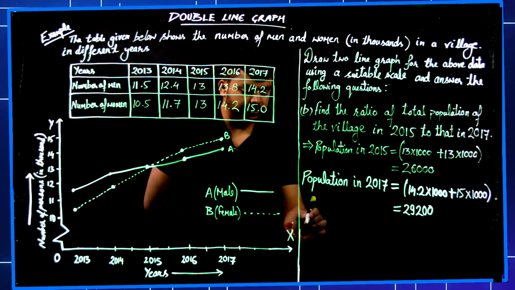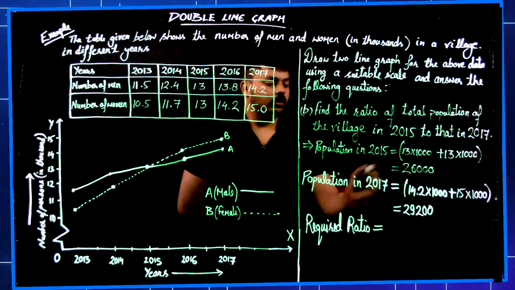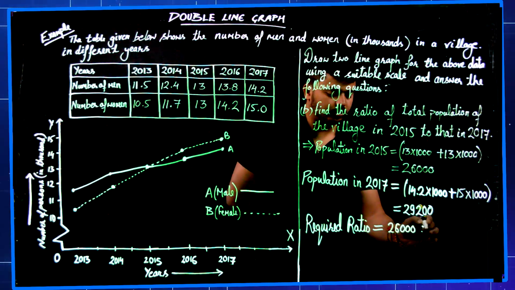So the required ratio equals 26,000 is to 29,200.